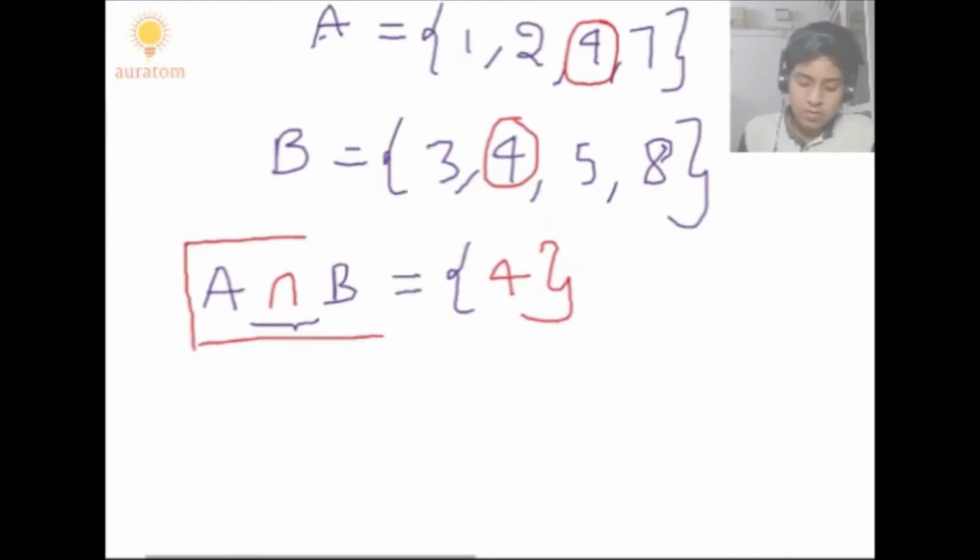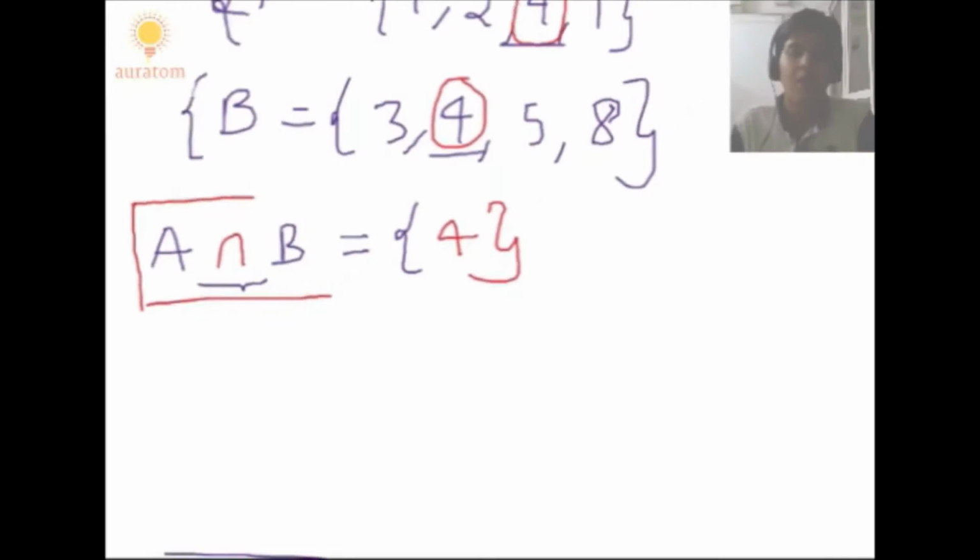Now let's move on to a second operation. Now let's define another operation which is called the union operation. It's denoted as A union B, with this U symbol.